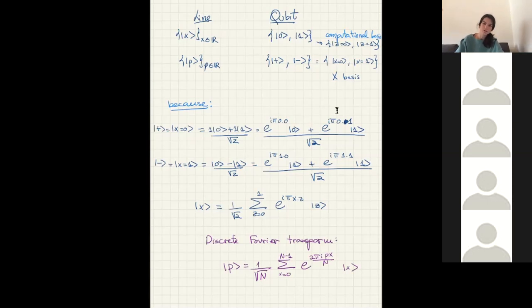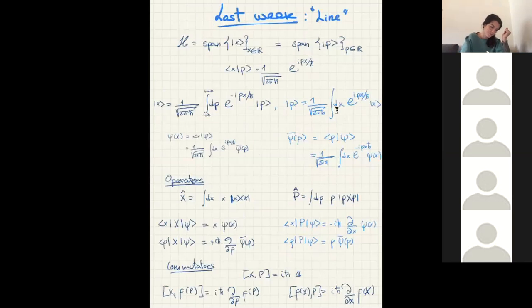If you then take it to the continuous case, you get the usual Fourier transform that we saw on the line.